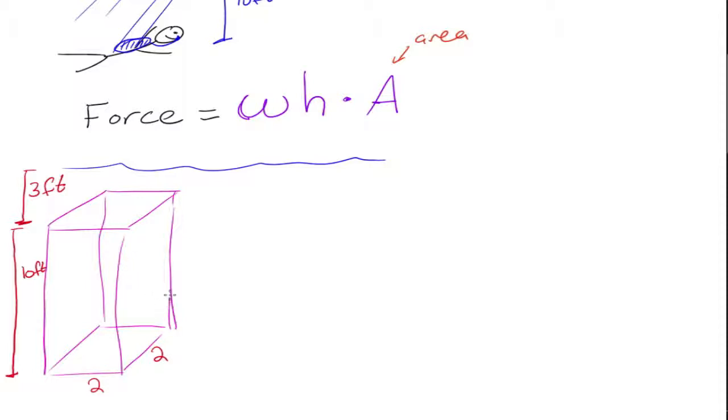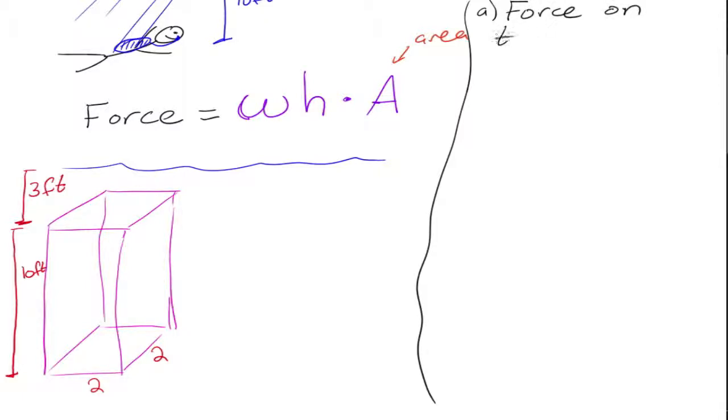Okay, so let's first say we want to find the force acting on the top of the block. Let's color this in purple. So we've got this top of the block right there, right?